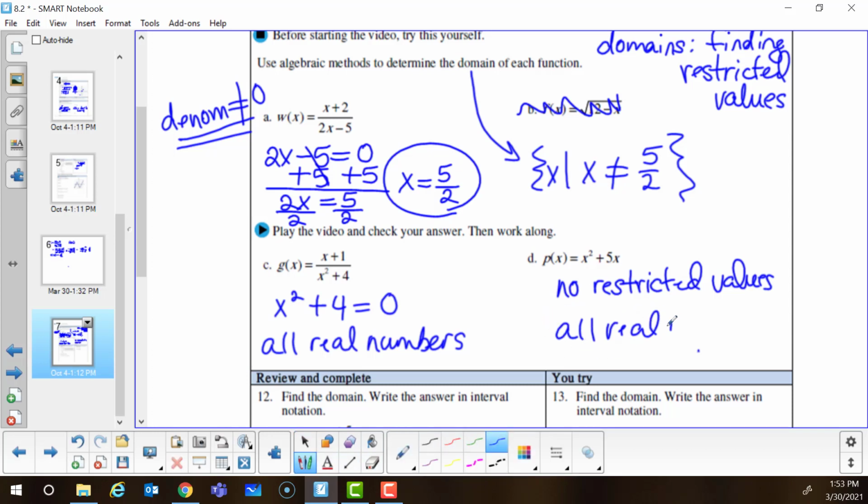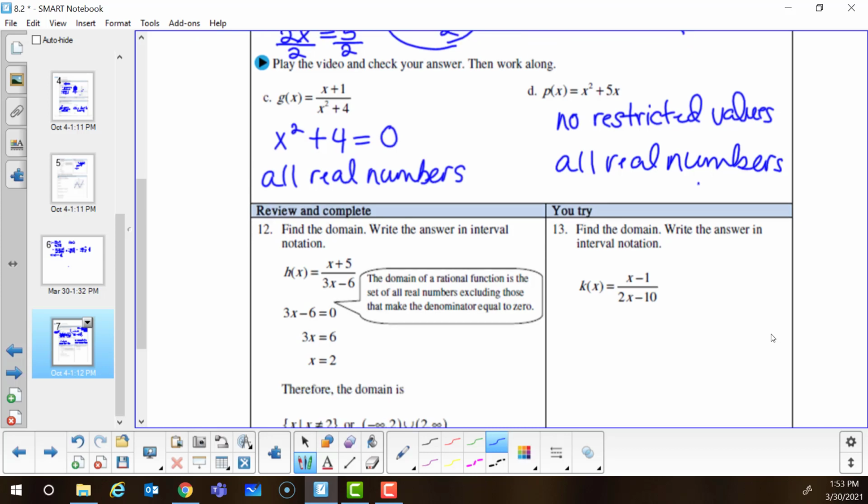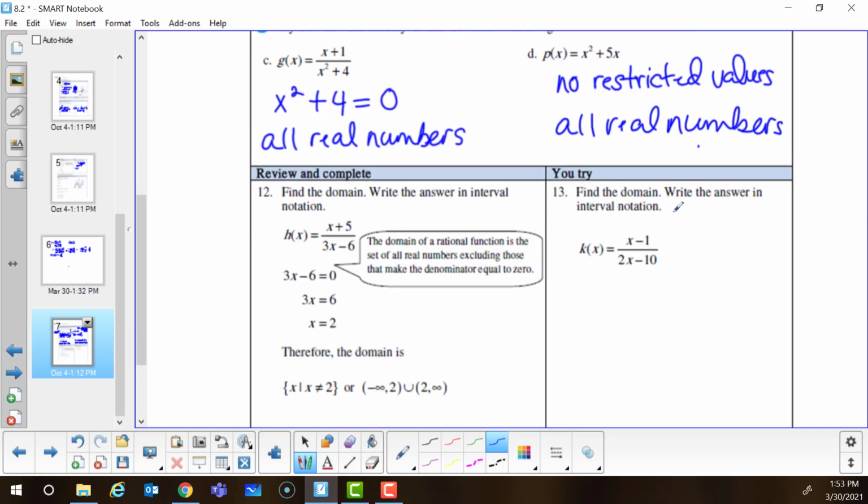So let's look at this one at the bottom. Find the domain. So you may be asked to find the restricted value. Take your denominator, set it equal to 0, solve for x. So 2x equals 10, divide by 2.